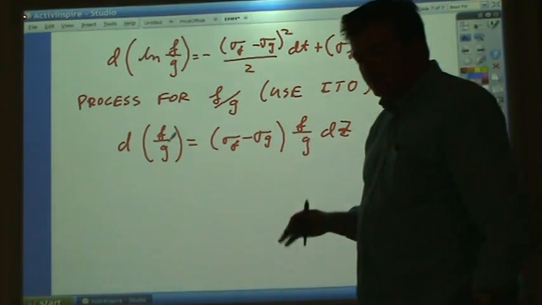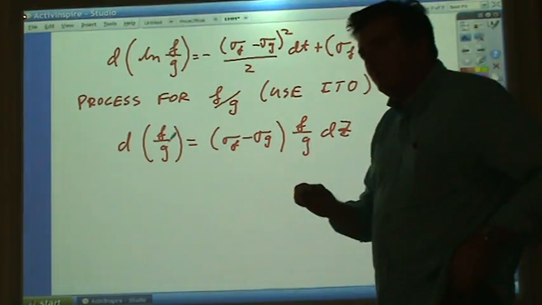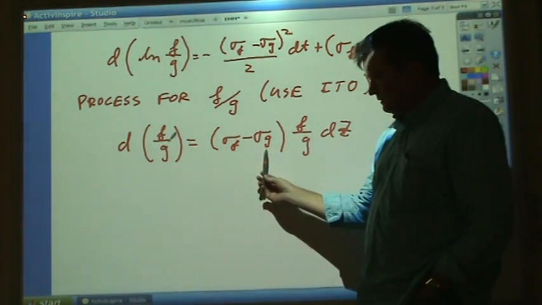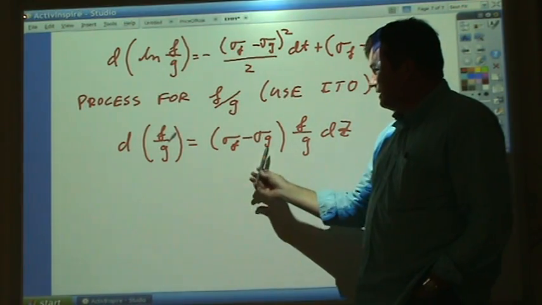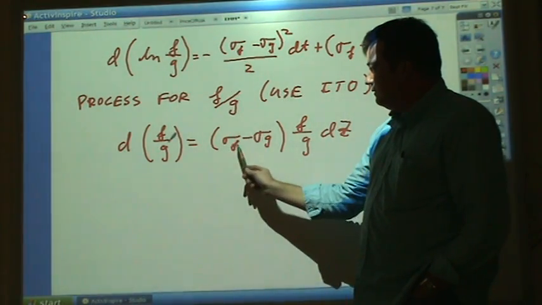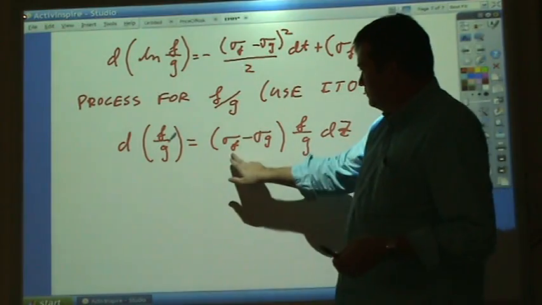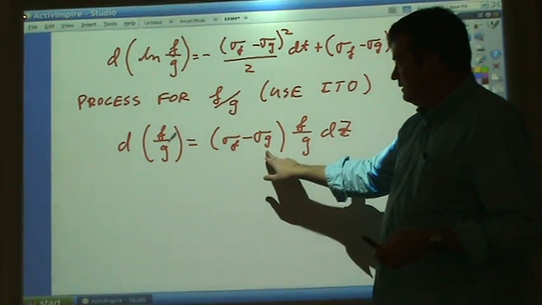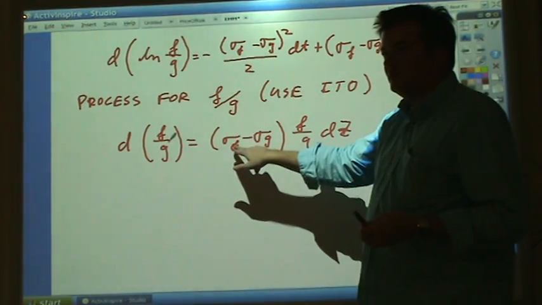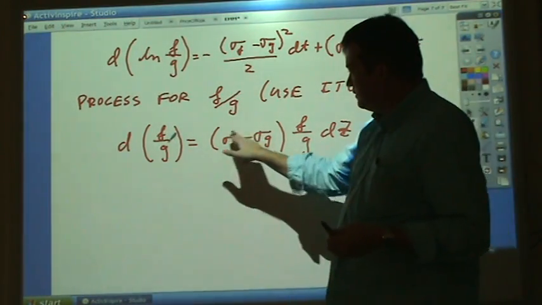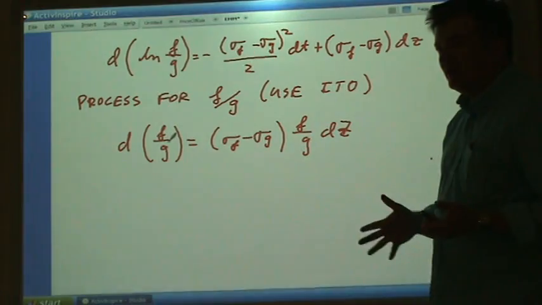Does it not make mathematical sense that the volatility could be negative? Because in this case, like the example we had before, this could be IBM and this could be Microsoft, and they're both going to have two different volatilities, there's no guarantee that the second one is less than the first one. So the door is now open for volatilities to be negative.